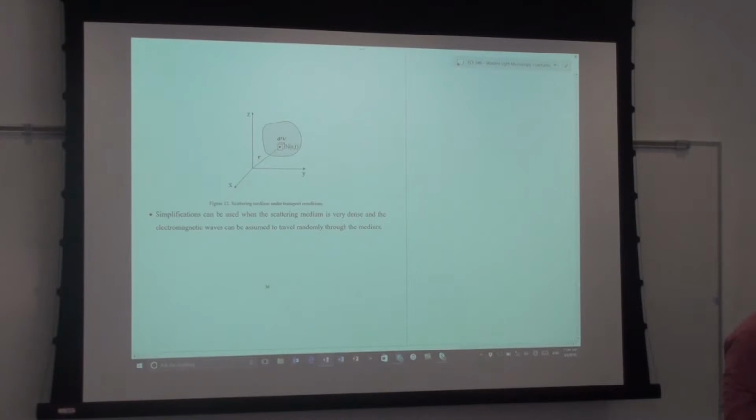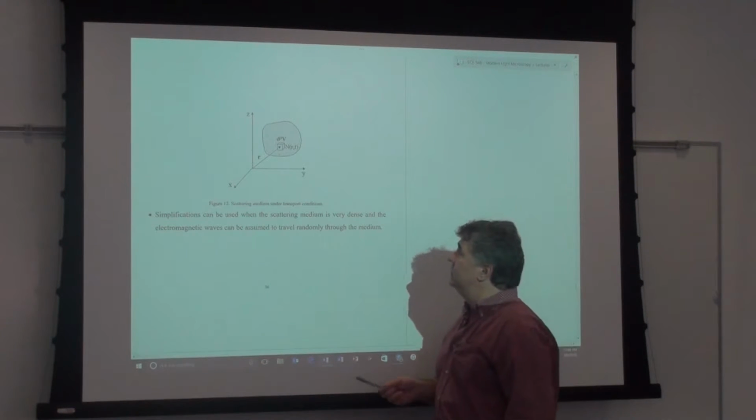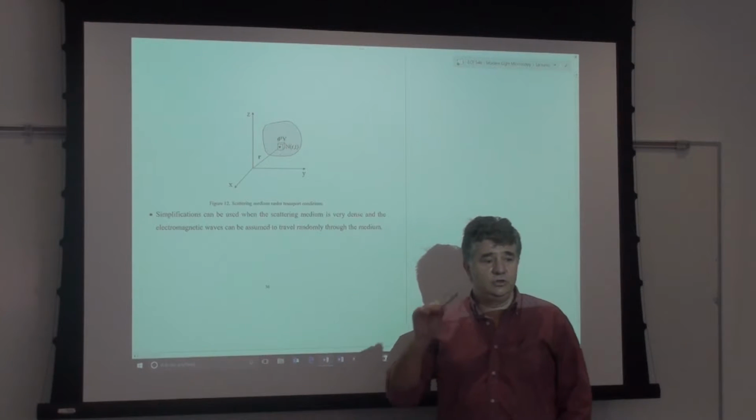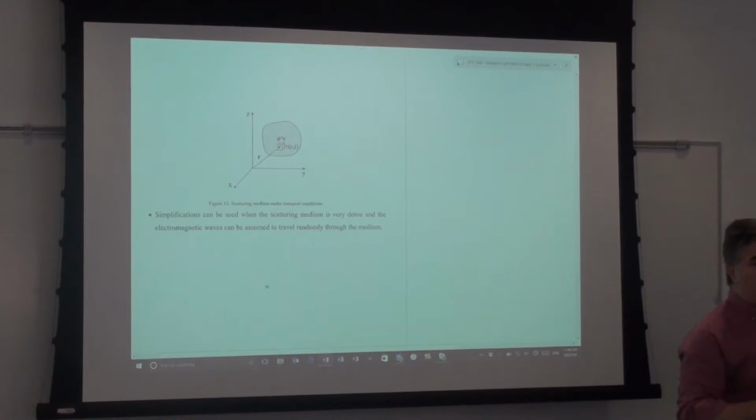The phase information is very difficult to track. So at the end of the day, the way we discuss a very strongly scattering medium is through tracking the power or the energy propagation in the medium, not so much the phase. So we forget about the phase altogether.